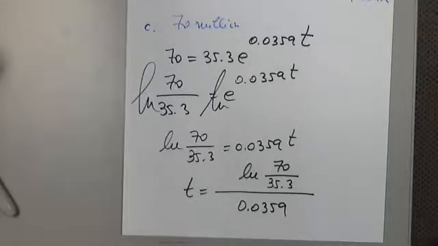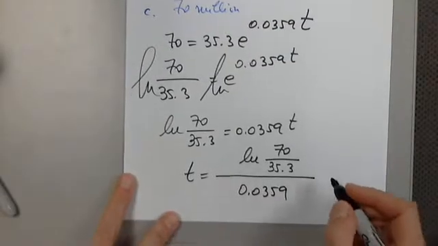I'll put it in the graphing calculator: natural log of 70 divided by 35.3, close the parenthesis, and divide everything by 0.0359. So approximately 19 years.